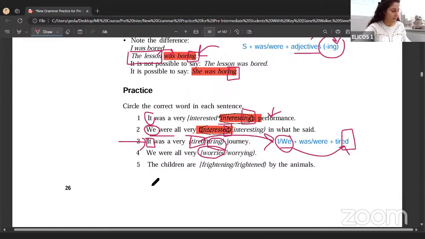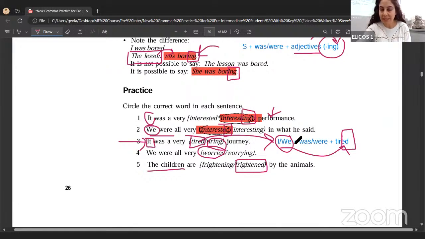The children are frightened by the animals. Yeah, the children are frightened. Did you say frightened with ing? No, ed. Because the children is plural. It's like saying they. So the children are frightened by the animal. So it's ed.